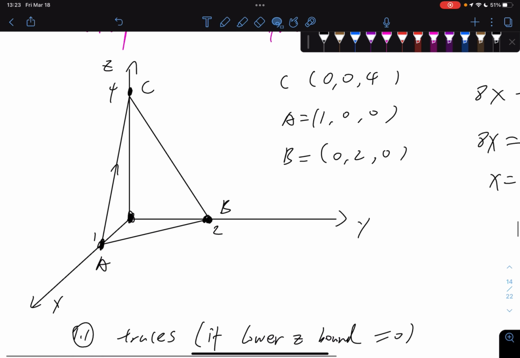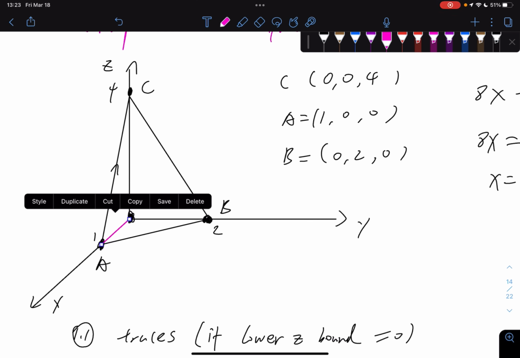So if from the x-axis I go up, I reach the corner of the plane, the tetrahedron.